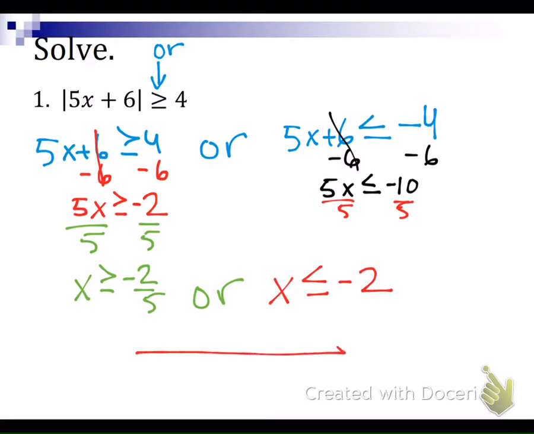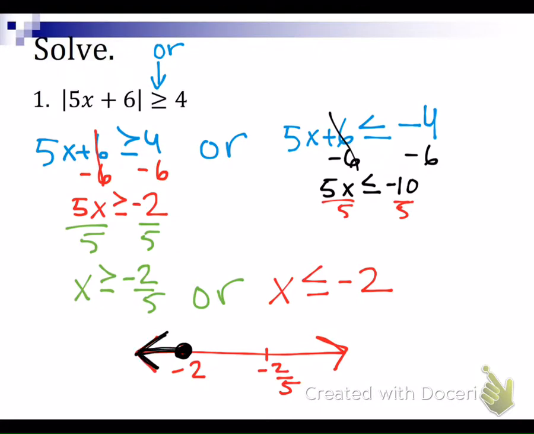When I graph this, which one is farther to the left on my number line? The negative 2. The negative 2/5. I am going to have to fill these both in. I want less than or equal to negative 2, so that's this way.